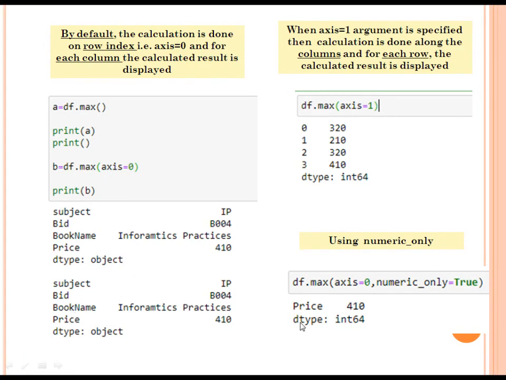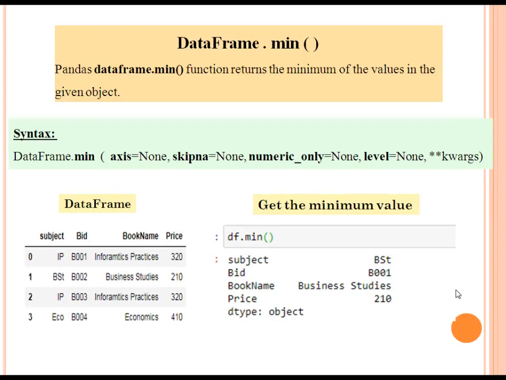But when I insert the numeric only parameter, it only takes the numeric column into consideration. Okay, so we'll move ahead and see dataframe.min. As the name goes, again it finds the minimum value and it works like the maximum.